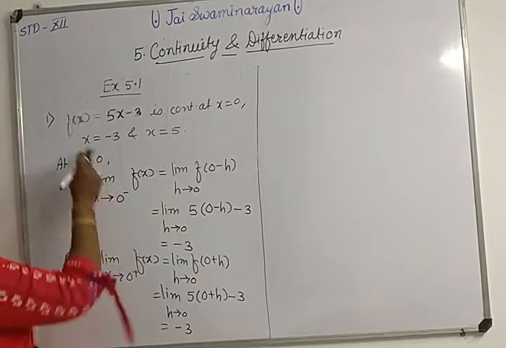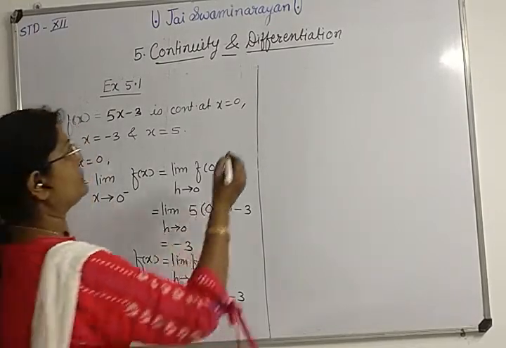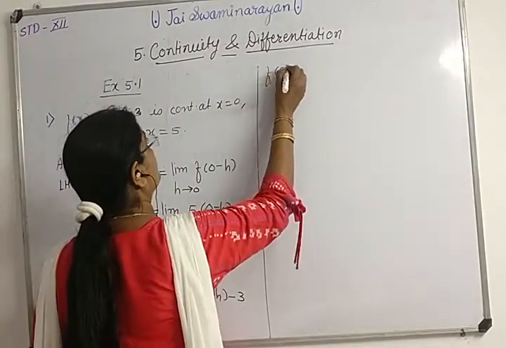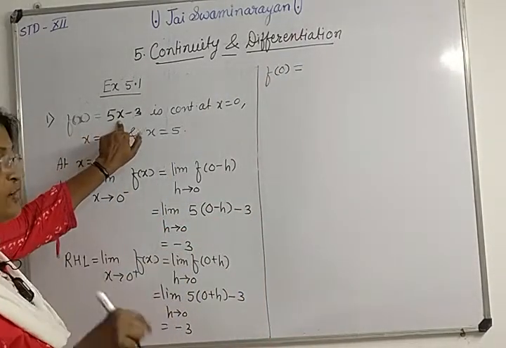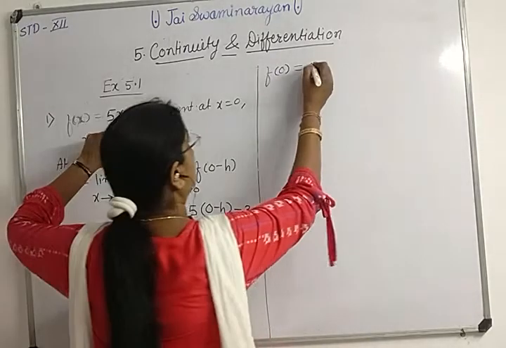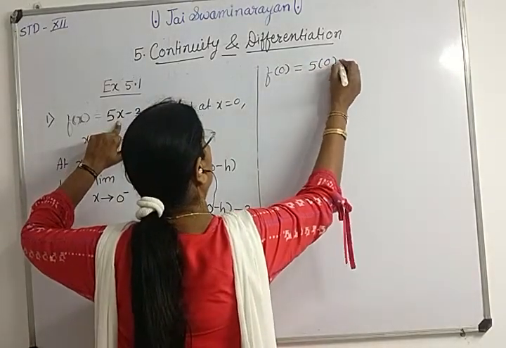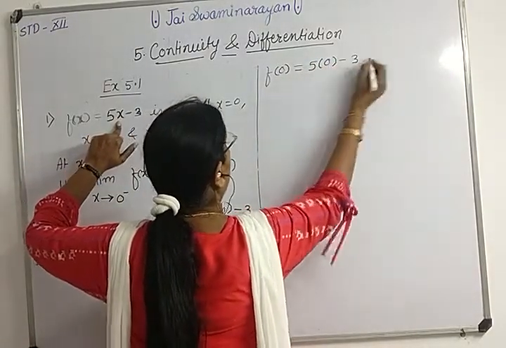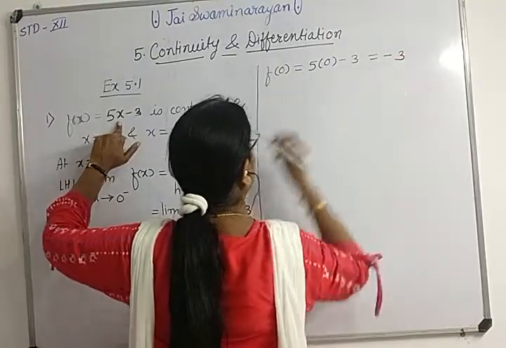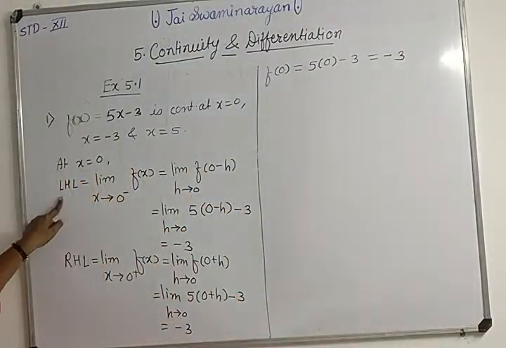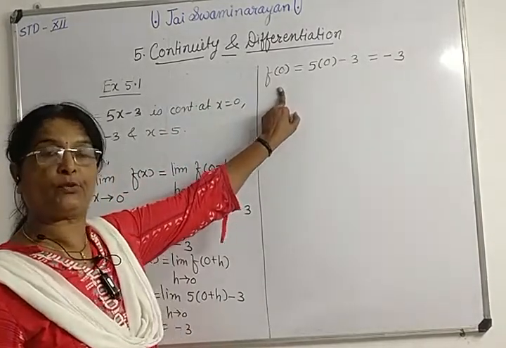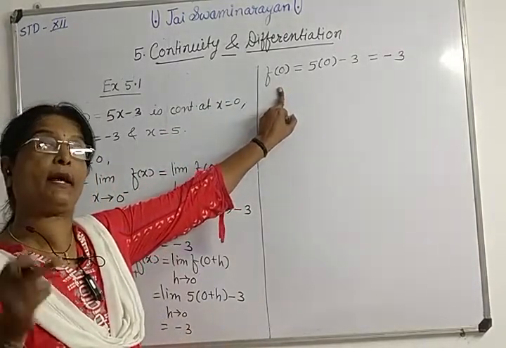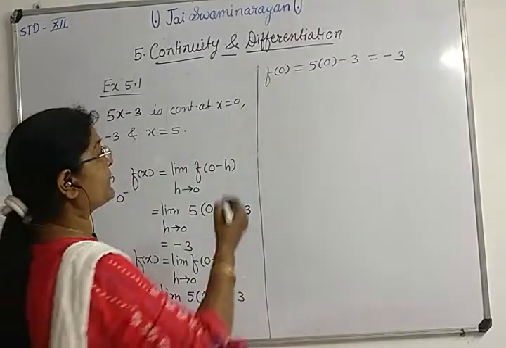Now we will find the value of f of 0. Here in place of x we have to write 0. That is 5 into 0 minus 3, so the answer will be minus 3. Now here LHL equal to RHL equal to f of 0, and therefore it is a continuous function at x equal to 0.